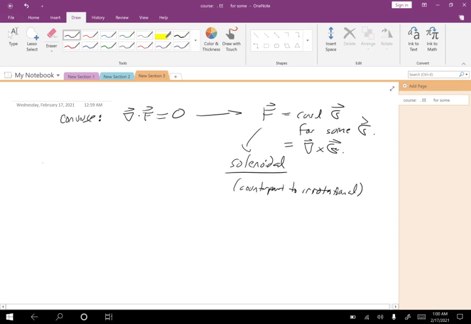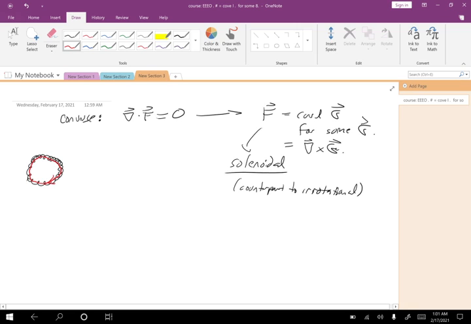Where does this name come from? The solenoid, it's a thing from physics. A solenoid is kind of like a donut, and it's made out of coils. And if you send a current through the coils, that sort of corresponds to our integral over a closed curve f dot dr. And what you end up getting, the area integral, is that magnetic field inside.